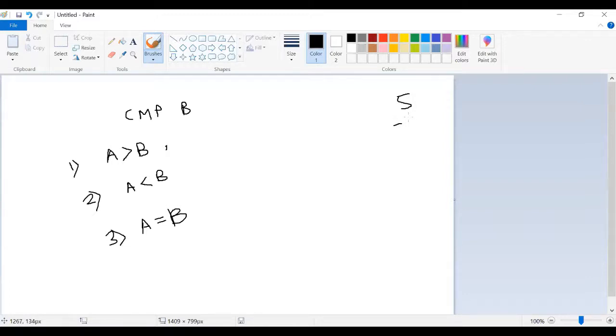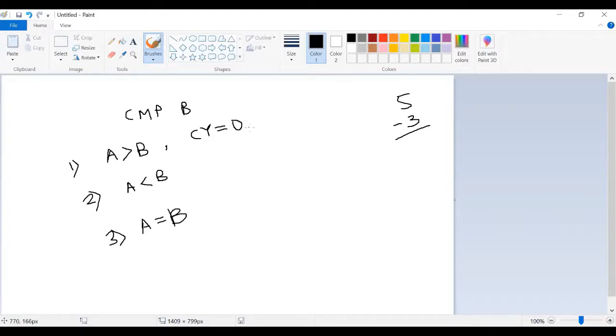Suppose the accumulator content is 5 and the content of B is 3. If you subtract, there will be no carry at all. So the carry flag will always be reset, 0.